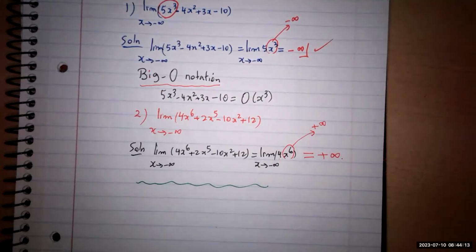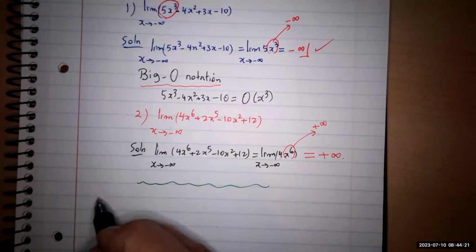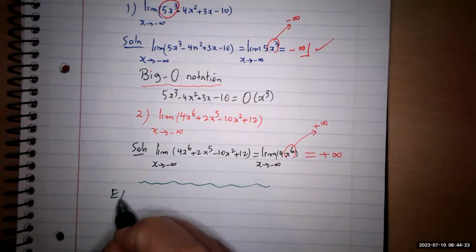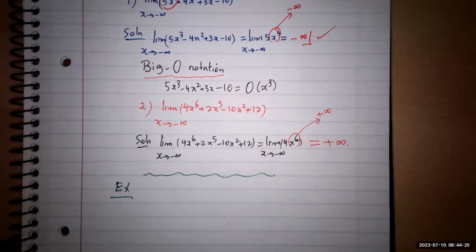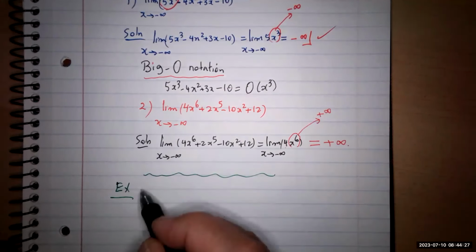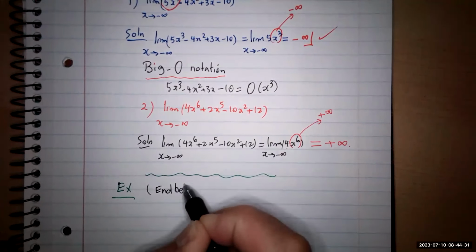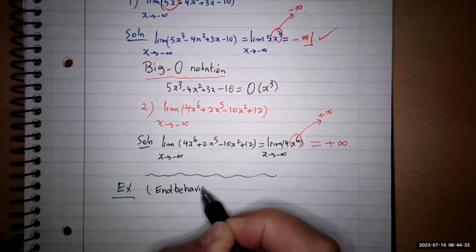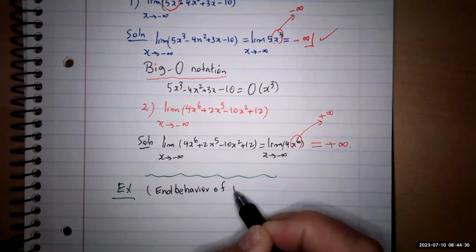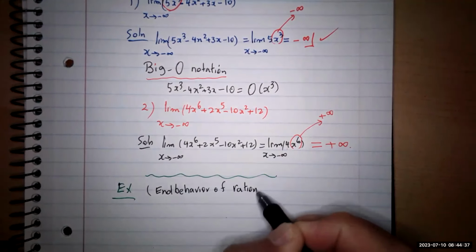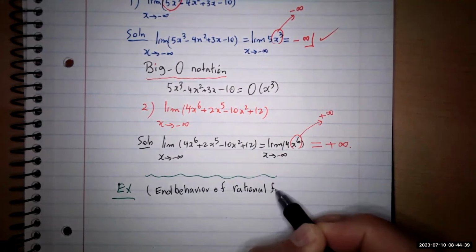Next, a rational function. In order to do the rational function, we need to consider one theorem again. So this is going to be our next example. Our next example is how we're going to check the rational function behavior. I just stay with this expression of rational functions.